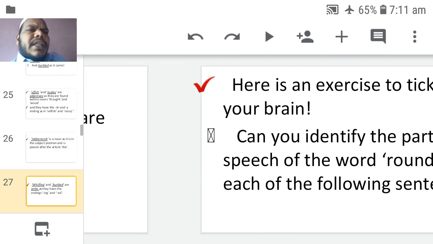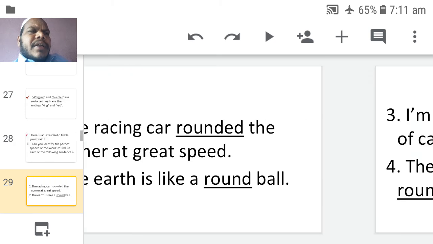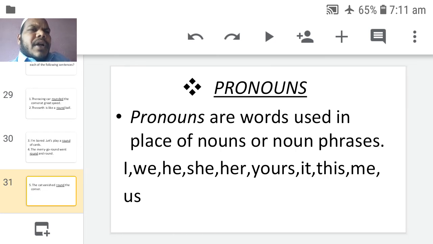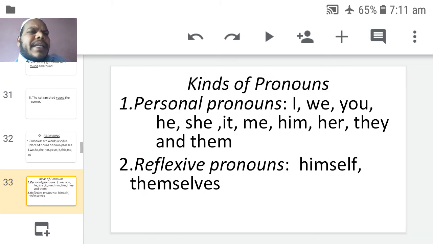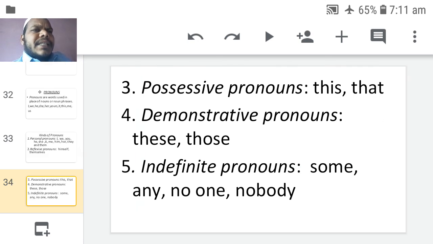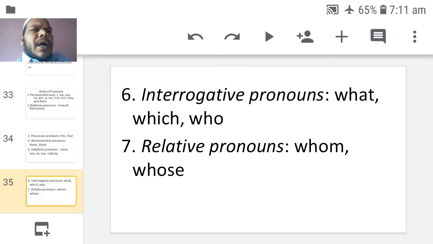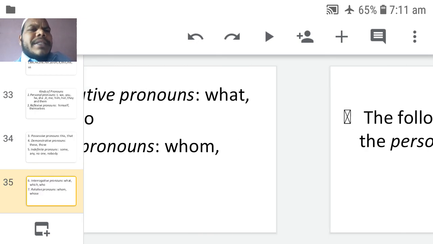And we have seen pronoun, its definition, where pronouns are the words which are used instead of a noun, as I, we, he, she, it, me, us. And we have seen kinds of pronoun: I as a personal pronoun, himself as a reflexive pronoun, these are possessive, those are demonstrative, no one as an indefinite pronoun, who as an interrogative pronoun, whom as a relative pronoun.